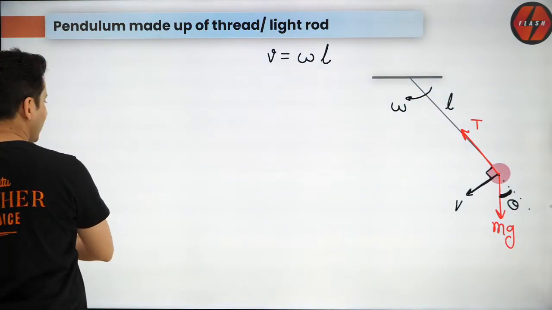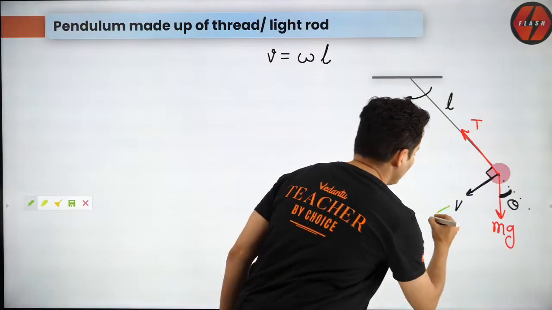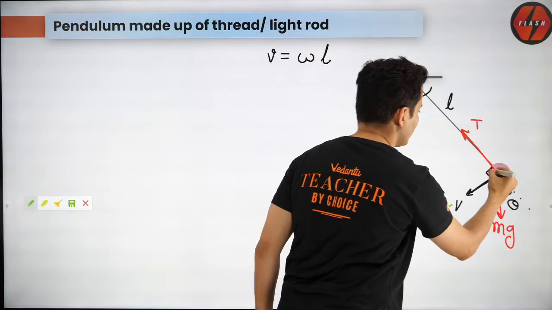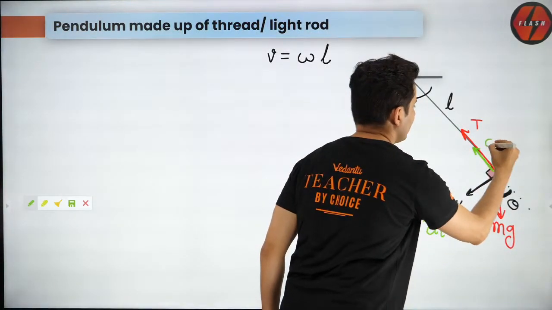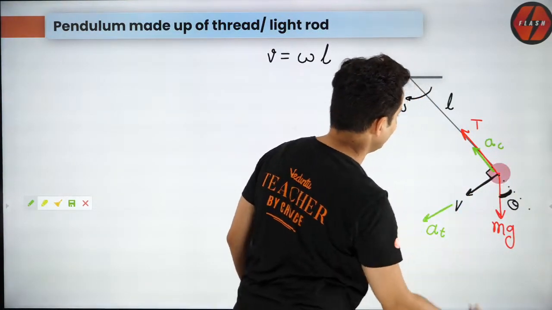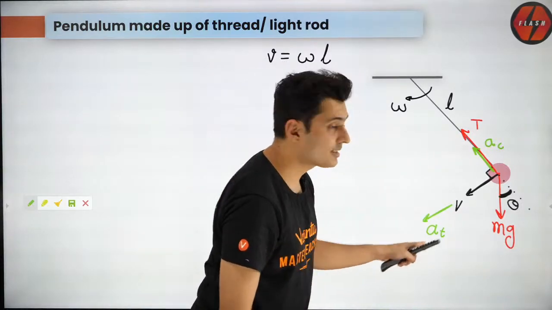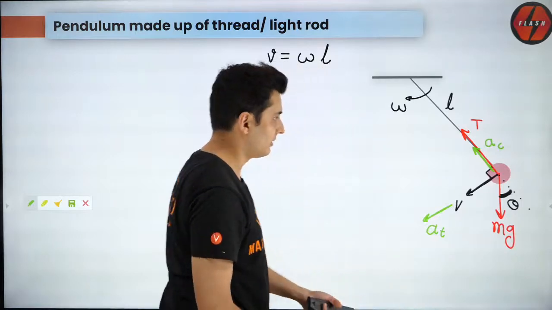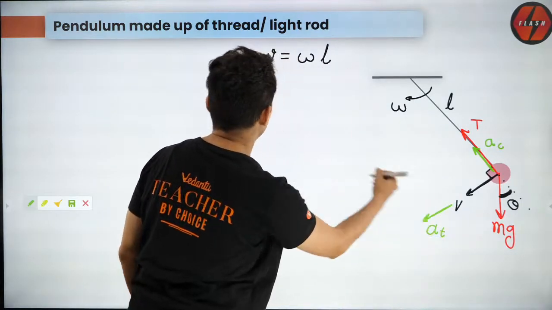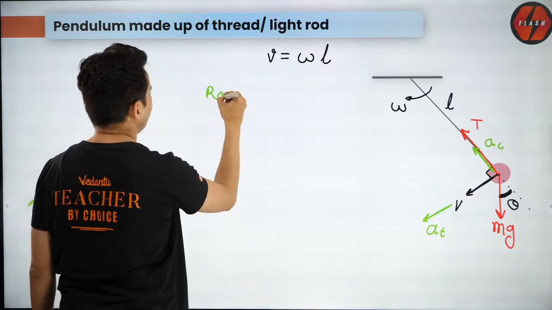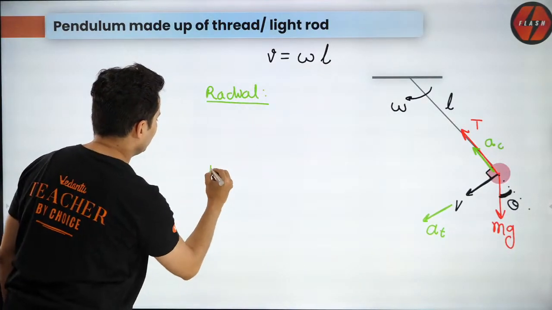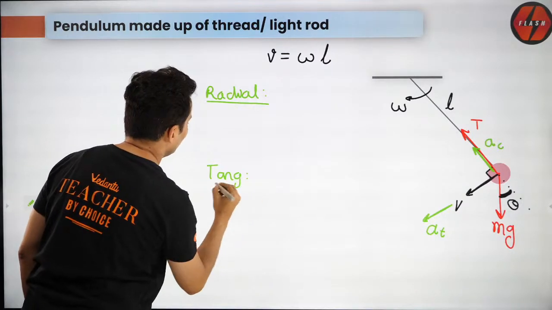And do not forget, there will also be a tangential acceleration, and there will also be centripetal acceleration, which will be perpendicular to each other. So all these things will be there, guys, and you have to make equations based on this. For example, if you go along the radial direction, how will your equation look? And if you go along the tangential direction, how will your equation look?